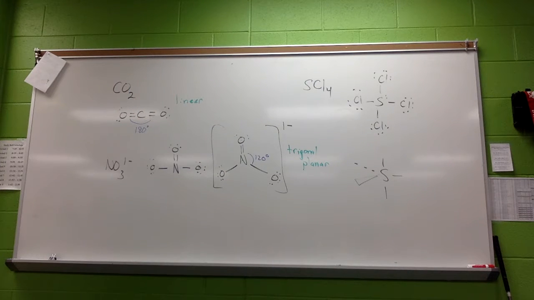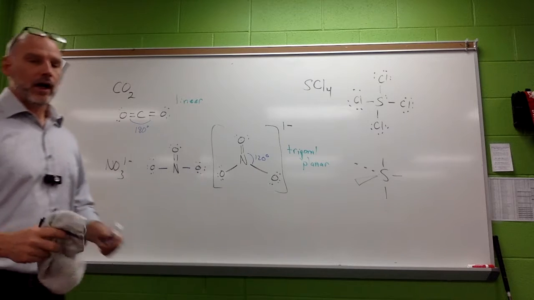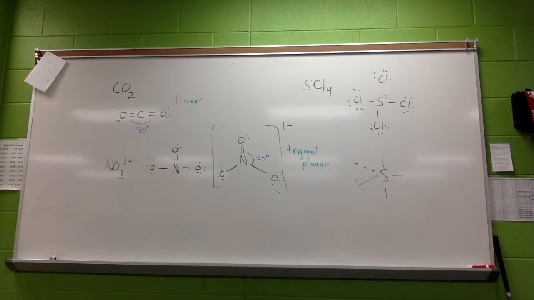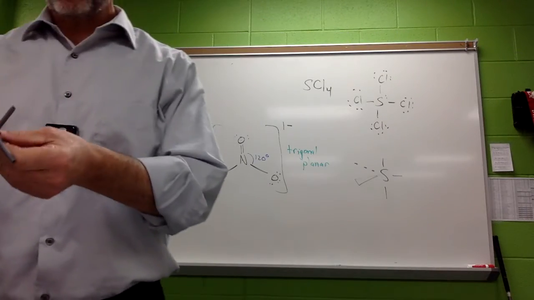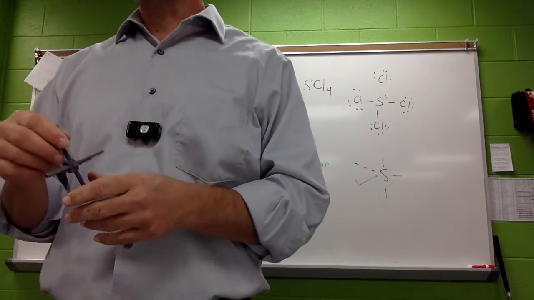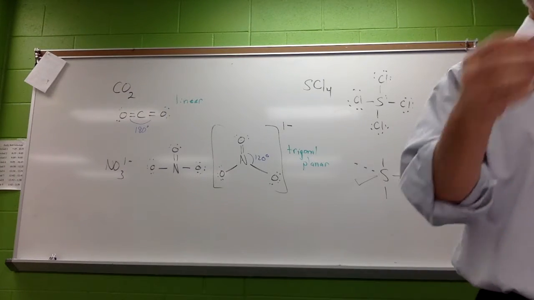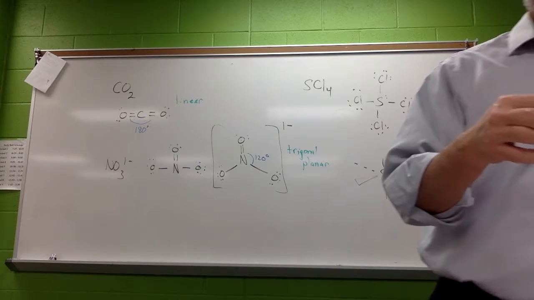All right. Anyway, the lone pair of electrons, because they take up so much space, are not going to be in positions where there are 90-degree lone pair bond pair interactions. Okay, let me demonstrate what that means. You're trying to put the lone pair of electrons to reduce the number of lone pair bond pair interactions.